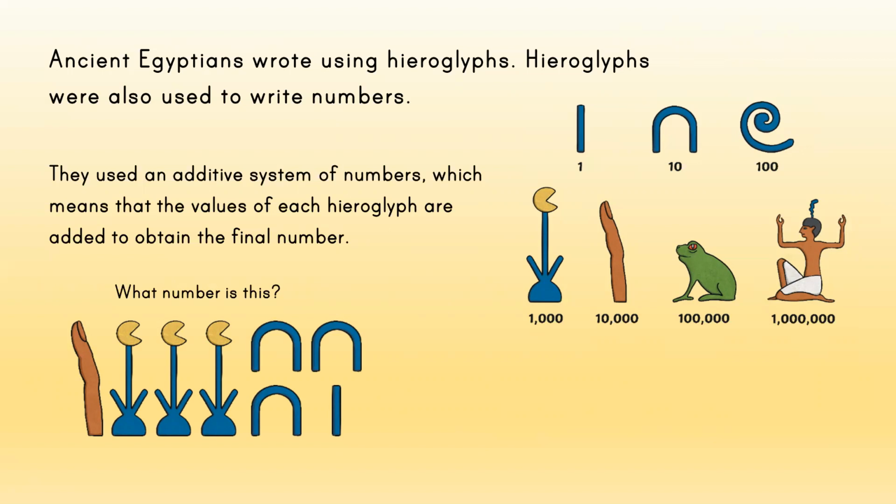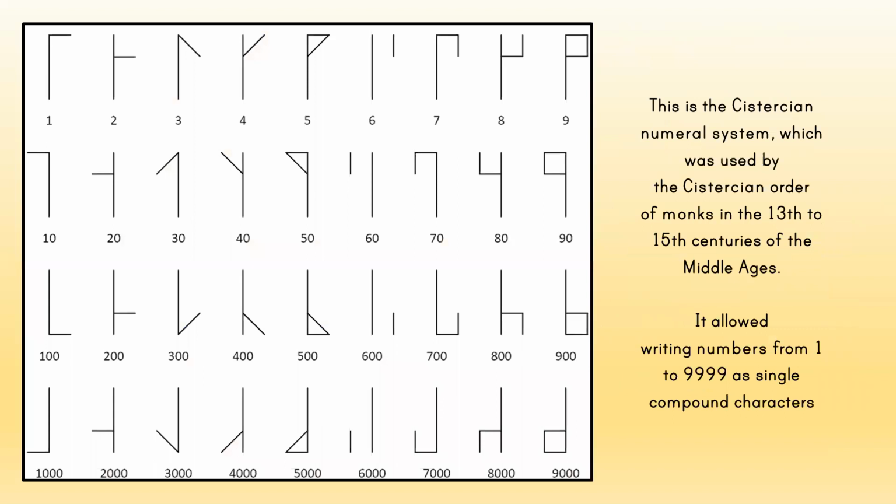So there were 3 of those. And then there are those blue symbols that look like an N. There were 3 of those and 1. So let's have a little look. You can see that there's a 10,000, 3 lots of 1,000, 3 lots of 10, and 1 lot of 1. So add those together, you would have got 13,031. So quite a long-winded way of doing it, I think, the ancient Egyptians.